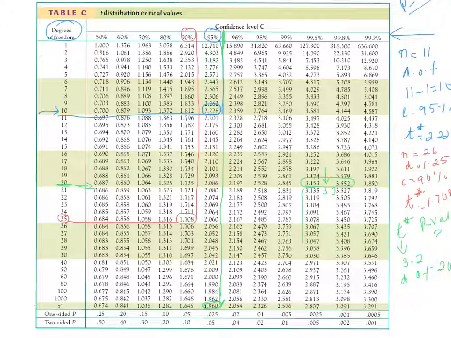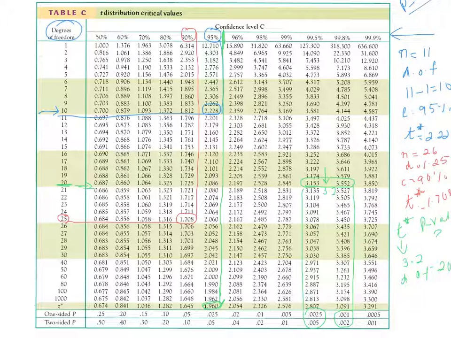However, we go down this column to find the p-values for 3.153, and we go down this column to find the p-values related to 3.552, and depending on whether we need a single-sided p-value or a two-sided p-value, we can find the two p-values for the two t-statistics between which 3.2 lies.